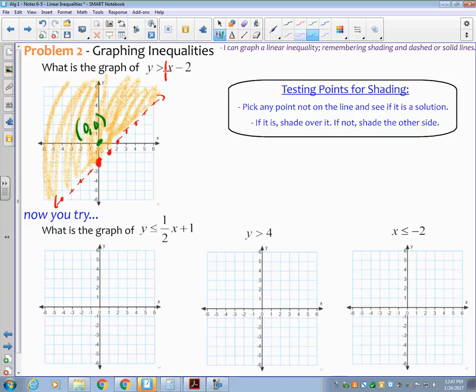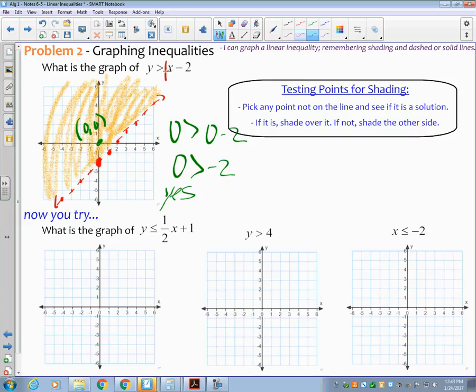If we drew this correctly, if we plug in (0, 0), we should get a true statement. So we're going to make y 0 and x 0. Is 0 greater than negative 2? Yes. Would you rather have nothing in your checking account or negative 2 in your checking account?